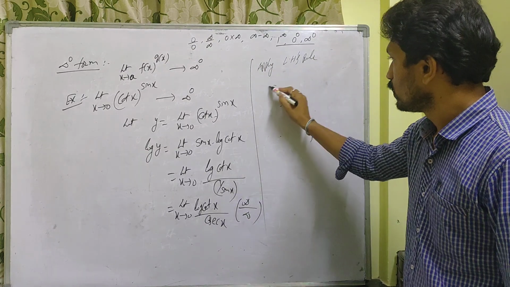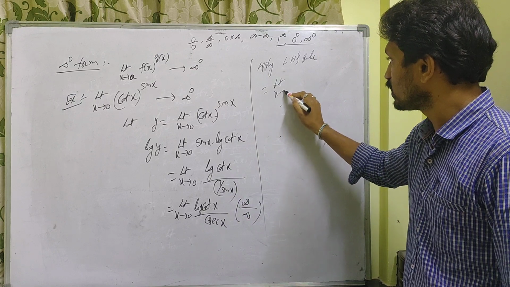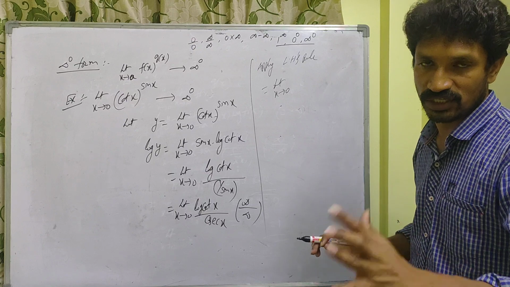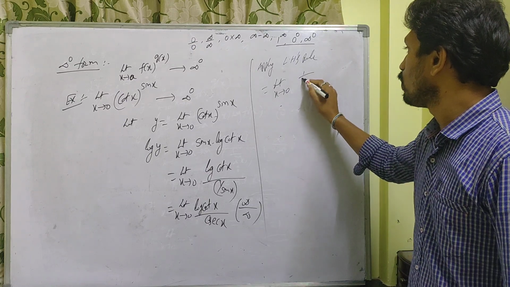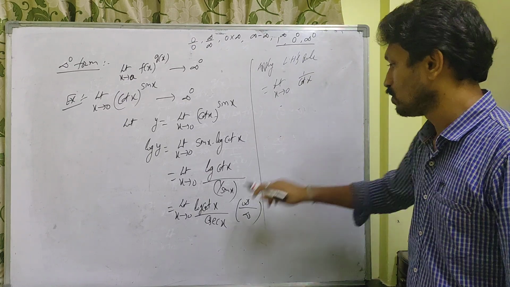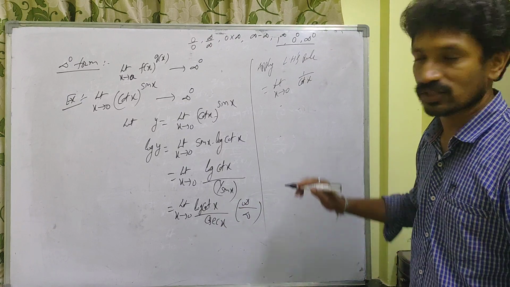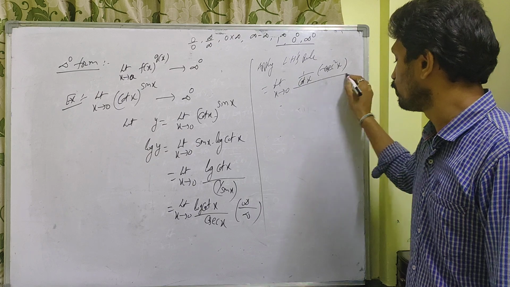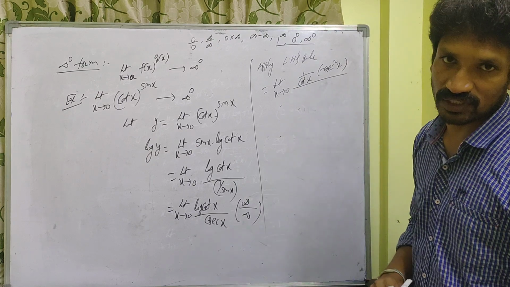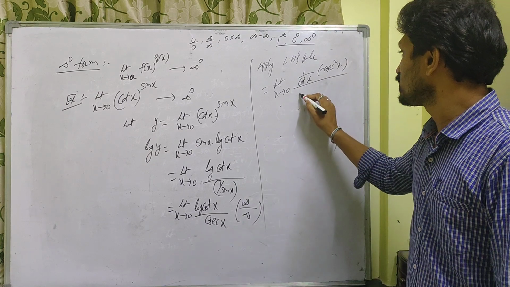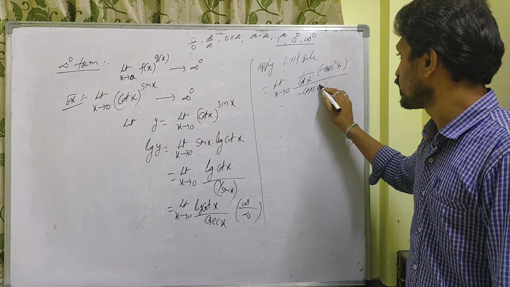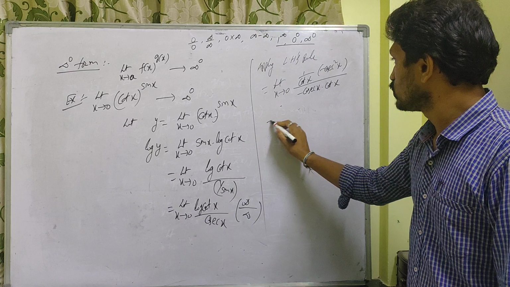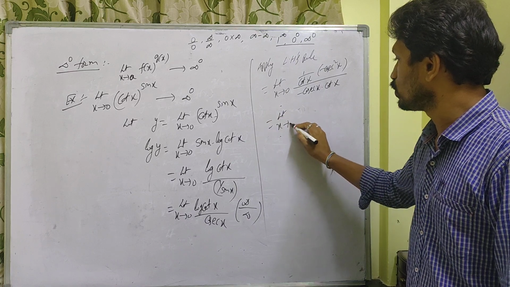See here, this is equal to limit x tends to 0: differentiation of log of cot x is 1 by cot x into the differentiation of cot x, minus cosecant square x, by the differentiation of cosecant x, minus cosecant x into cot x. So this becomes limit x tends to 0.